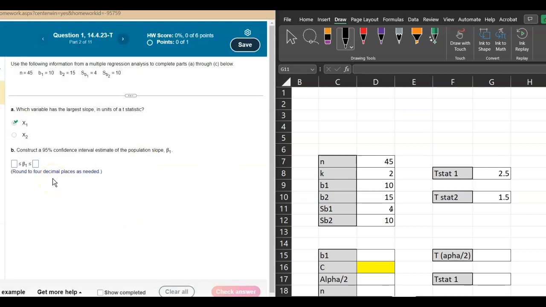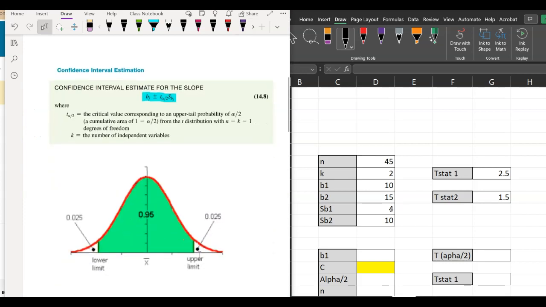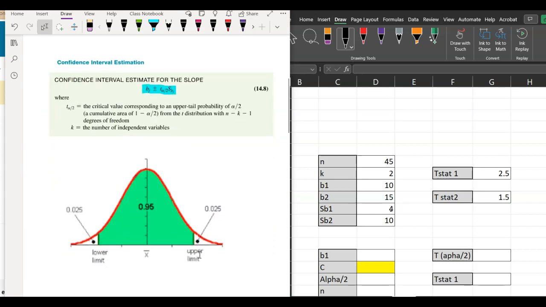Now for the second part, we need to construct the 95 percent confidence interval. So let's do it by hand first. This is my formula. The confidence interval is basically you want to figure out the lower limit and the upper limit.